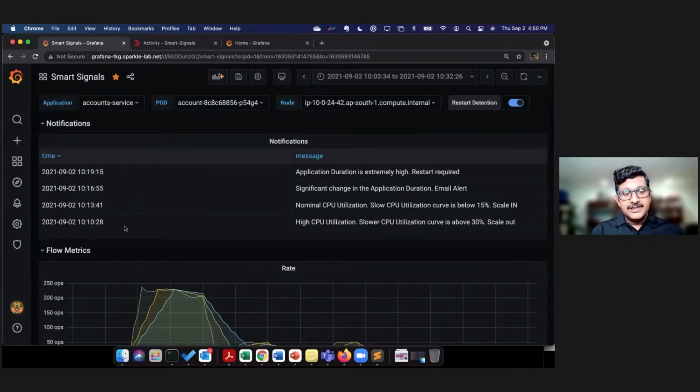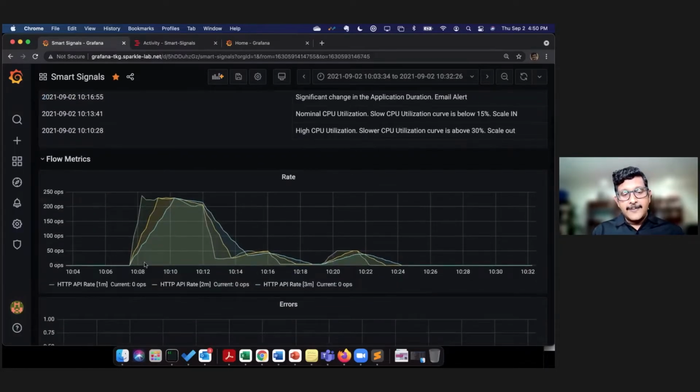Now we see that there is a high CPU utilization gone up to 30% around 10:10, at this particular stage. The way the alert is generated and the signal is captured is when your 1 minute average is on par with your 3 minute average.